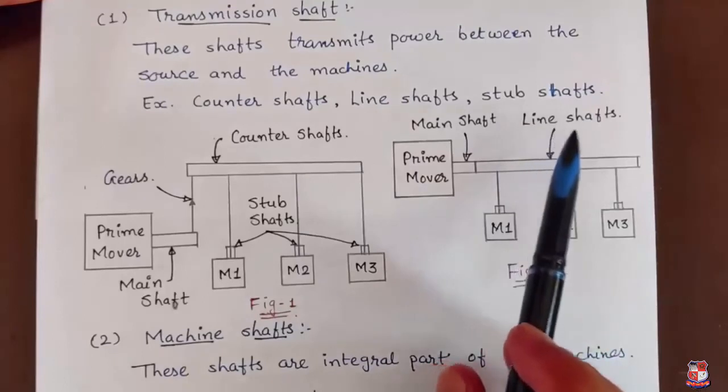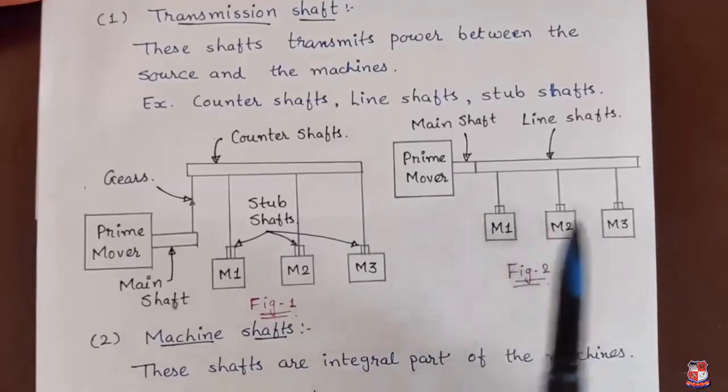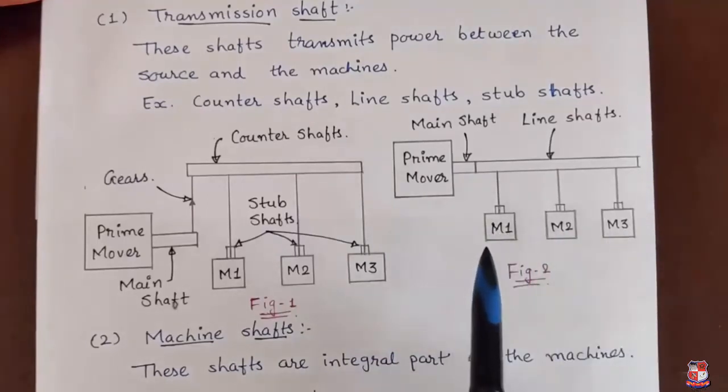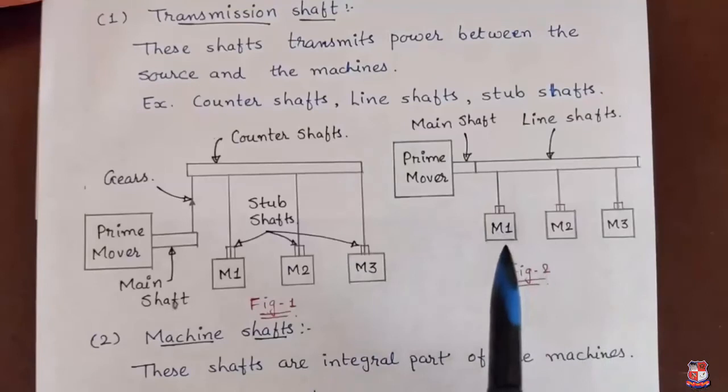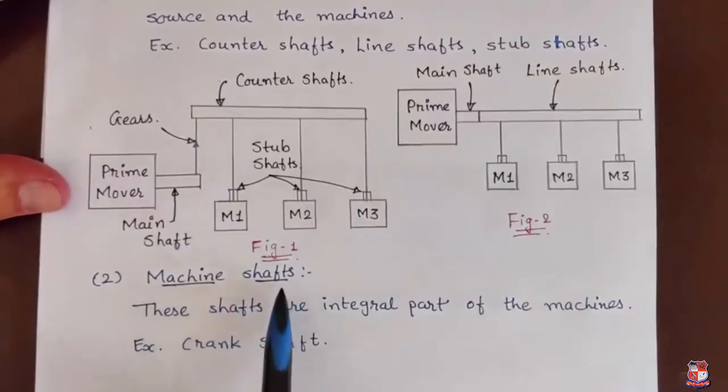Now line shaft is also responsible for transmitting or distributing power between these three machines. So you can say that these three machines are acting simultaneously. Next type of shaft is a machine shaft. Now these shafts are an integral part of the machines, and an example of the machine shaft is a crankshaft.